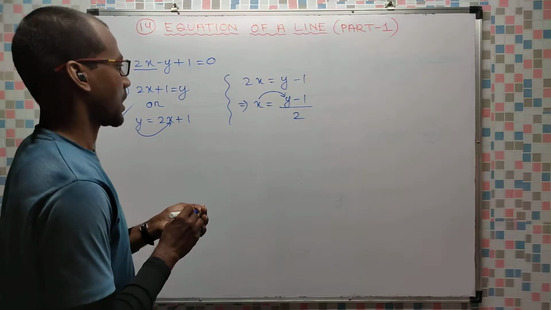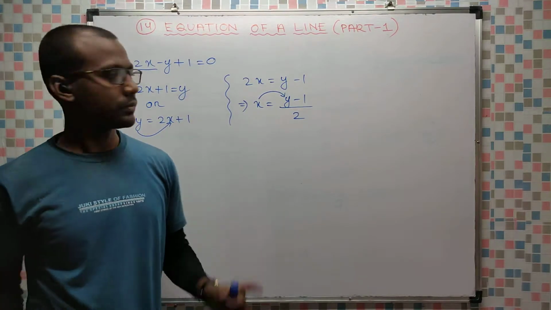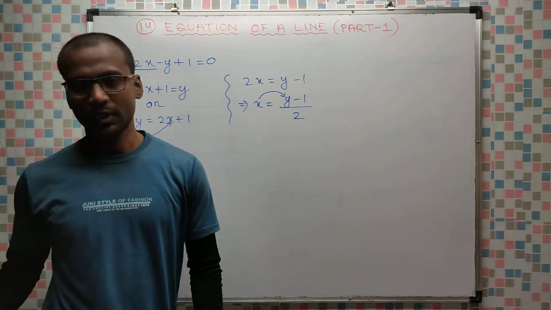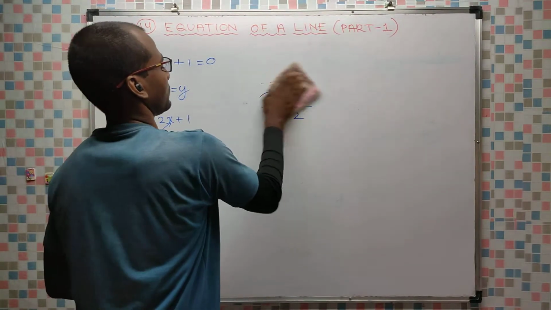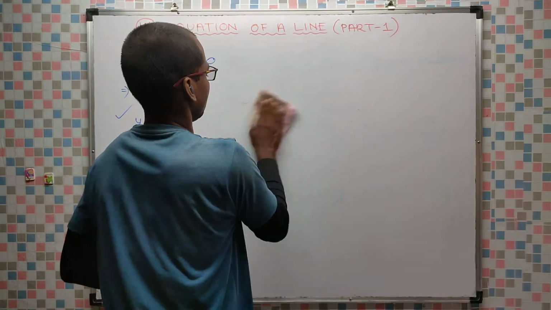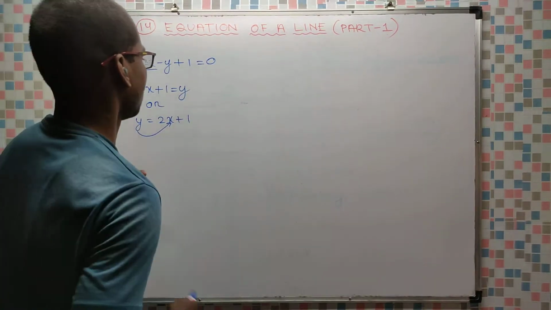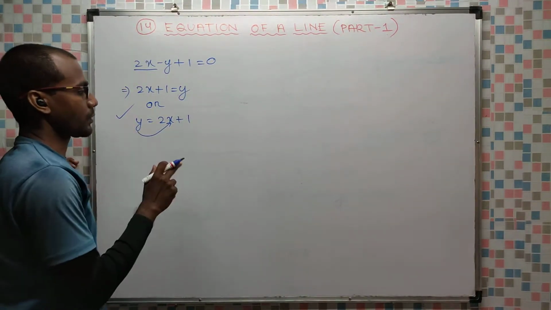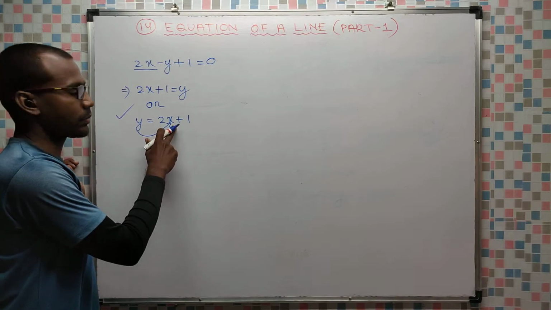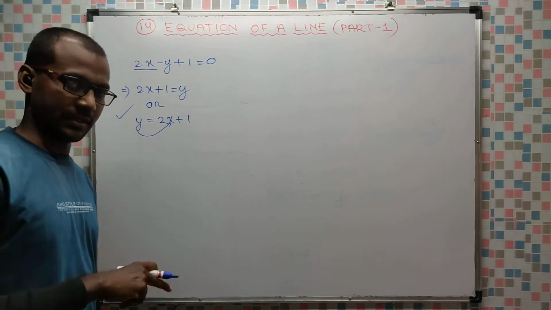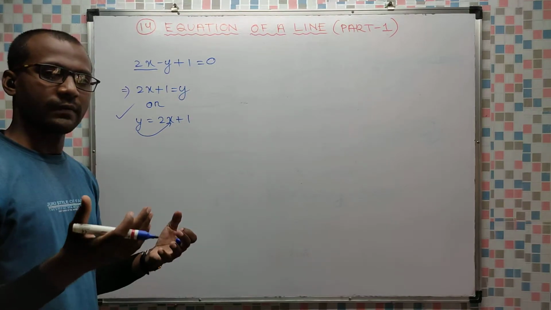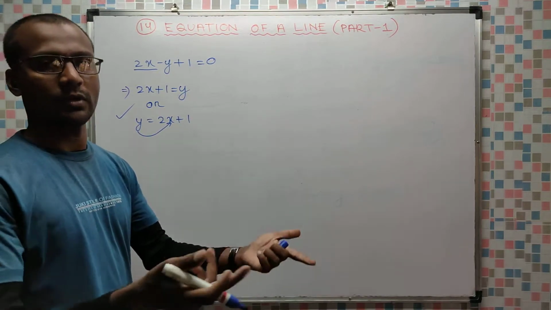I want you to follow me. Take y as the dependent variable. x is the independent variable, y is the dependent variable. So randomly we can choose values for x and we will get values of y depending on values of x.